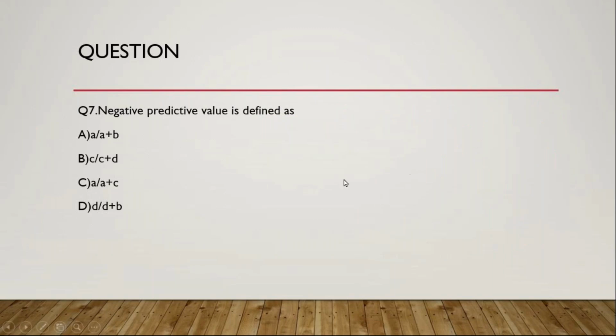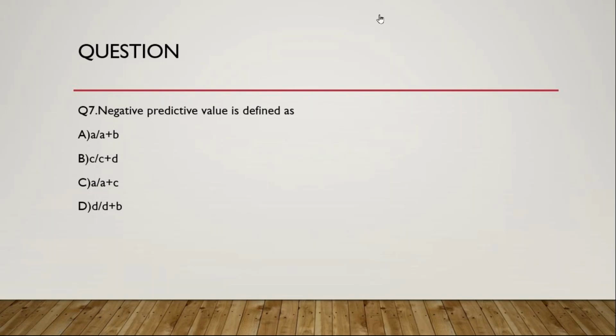Now the question: negative predictive value is defined as option A, A upon A plus B; option B, C upon C plus D; option C, A upon A plus C; and option D, D upon B plus D. So the correct option will be, please reply.